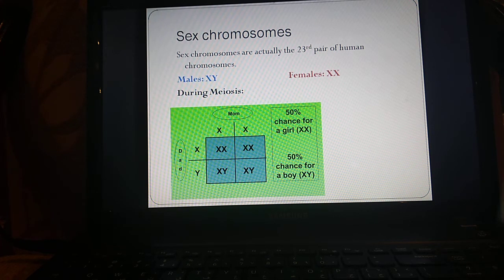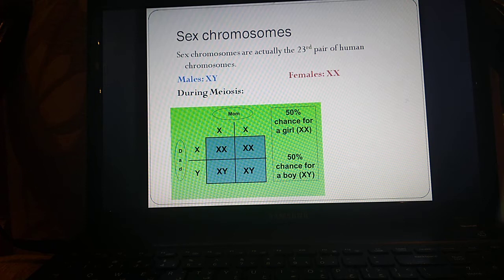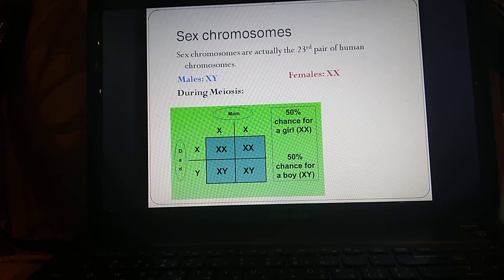Of course, because the mom has XX, all alleles made by the mom will be X. But the dad has XY chromosomes, so he is going to have two options. If the dad passes the X chromosome and the mom passes the X chromosome, let's take a look at the Punnett square.